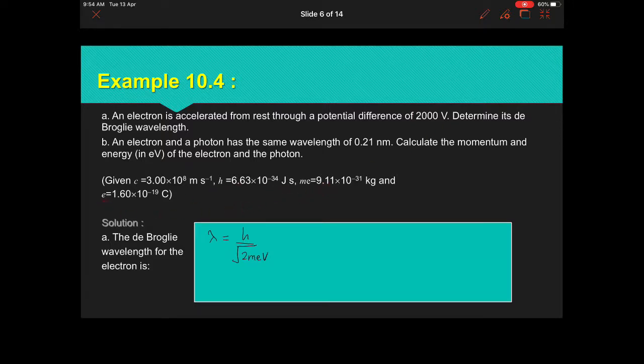So h is Planck's constant, 6.63 times 10 to the power of negative 34, divided by the square root of 2 times the mass of the electron, times e, and finally the potential difference, which is 2000. Then we will get the wavelength 2.75 times 10 to the power of negative 11 meter.